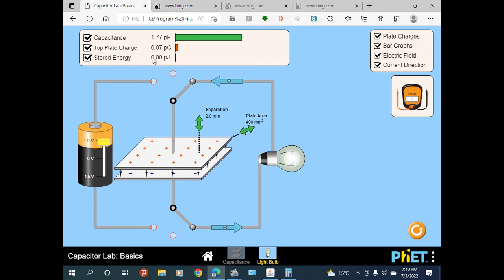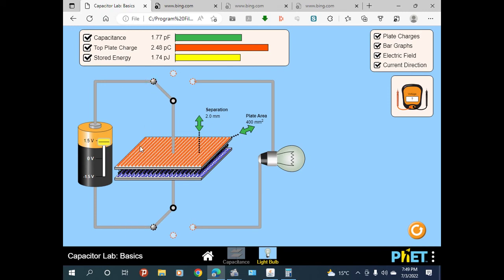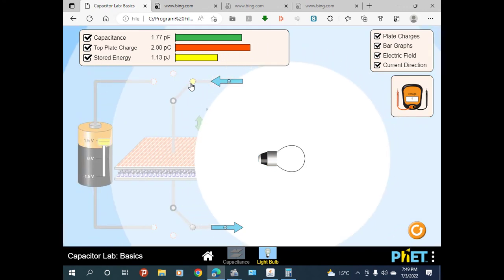Here the energy is nearly 0, and the plate charge is also nearly 0. Disconnecting from the resistance and connecting again, the plate is automatically charging by the charge, and connecting to the resistance.